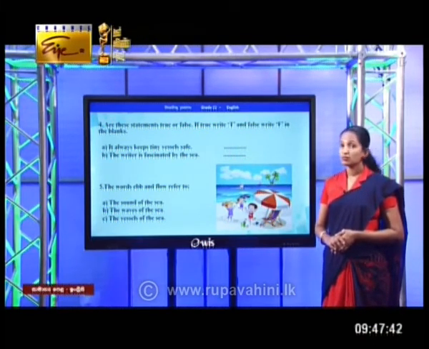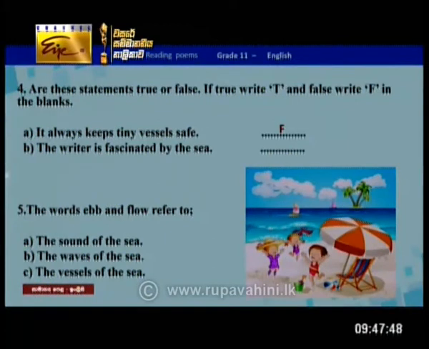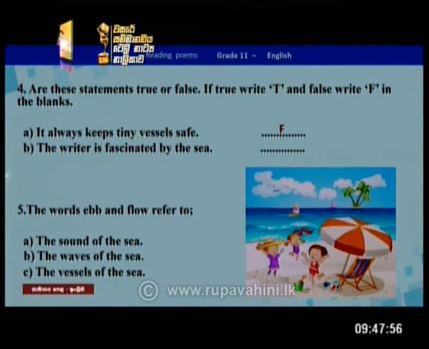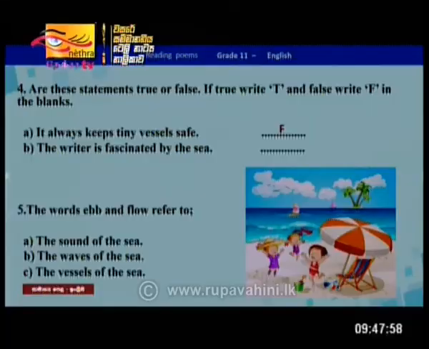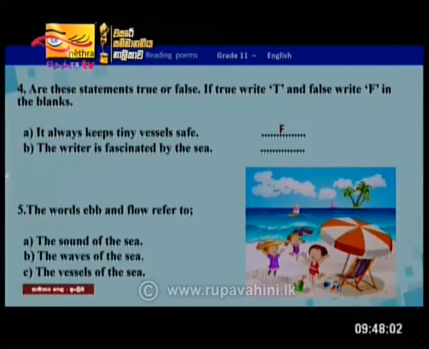So, because of the word always, the statement is false. So, we have to write the letter F. B, the writer is fascinated by the sea. Of course, he describes the beauty of the sea. So, the answer is true. So, we have to write the letter T.